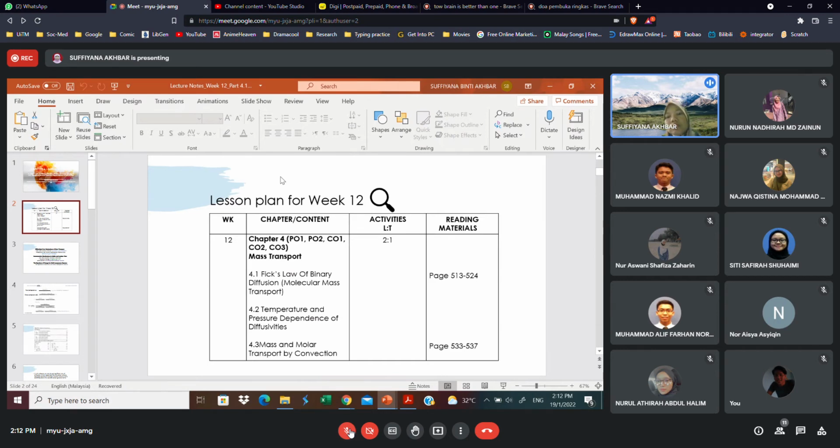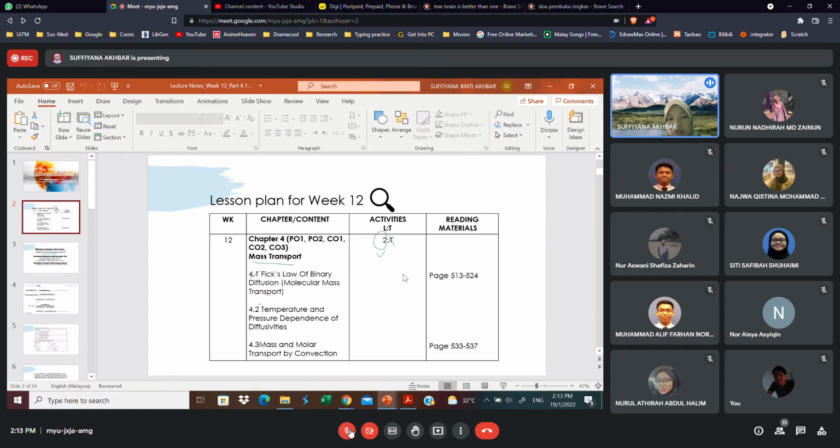So mass transport, basically for this week, we will have a 2-hour lecture, and then we will not have the tutorial. So for this week, we'll cover subtopic 4.1, which is about the molecular mass transport, which involves the Fick's law of binary diffusion.